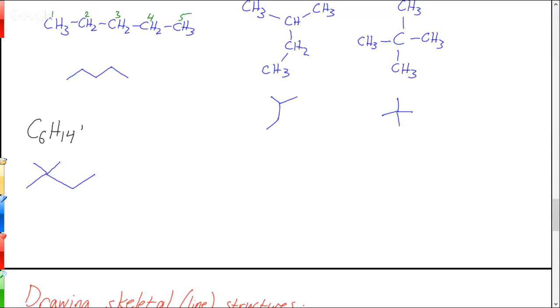So that's a better way to draw it. This is still correct, but that's a better way to draw it. All right, so you got this one. And there's one more.